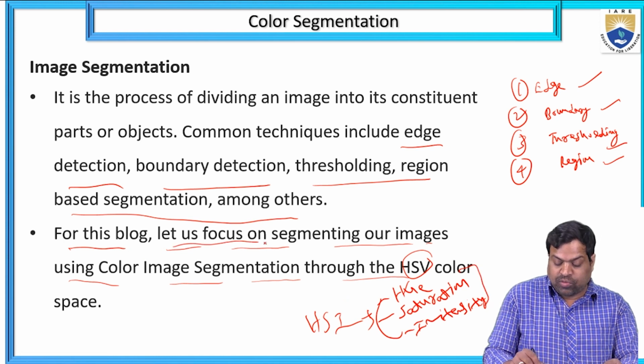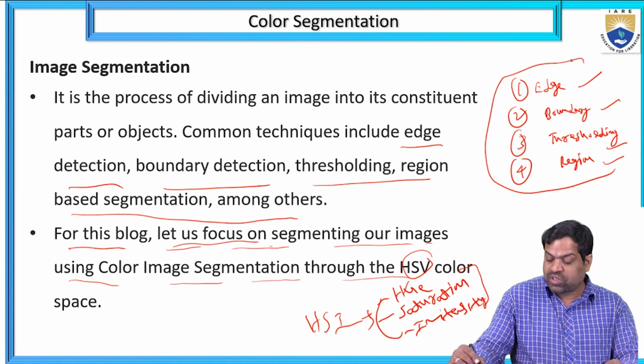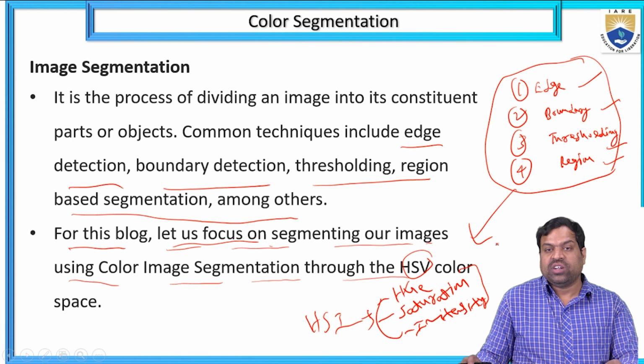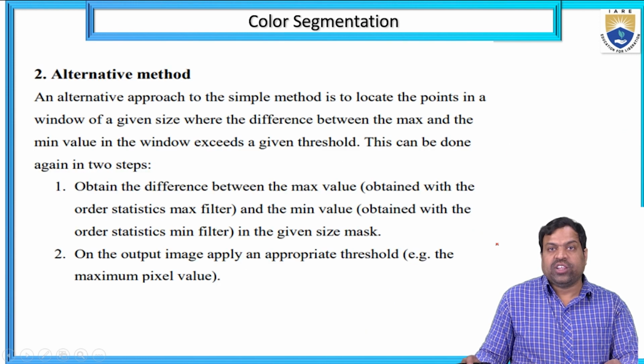These four types are focused on HSI segmentation, that is color image segmentation throughout the color space. Another one is an alternative method to find the image segmentation.